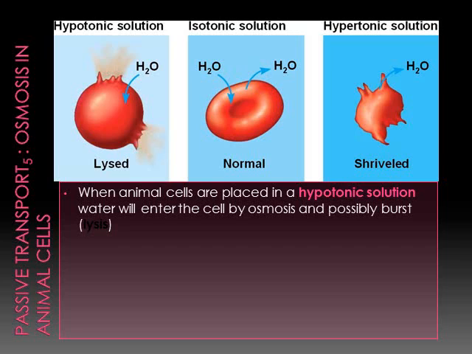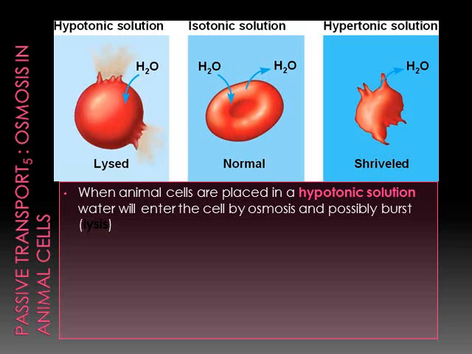So in this situation on the left here, this regular red blood cell was placed, let's say, straight in pure water, or maybe distilled water, or in distilled water with a very little bit of salt dissolved in it, compared to the fluid inside of the red blood cell, which would have a higher solute concentration, salts and so on, and a lower water concentration, compared to the outside where there's a high water concentration and a low solute concentration.